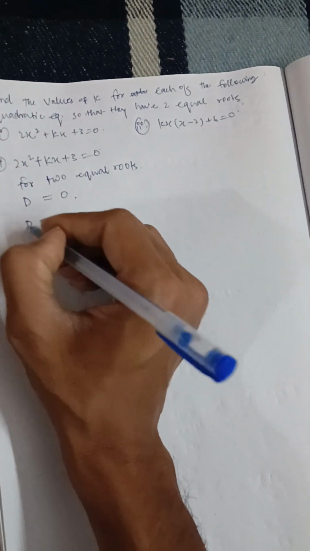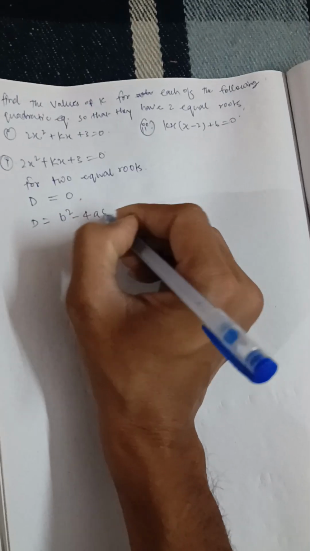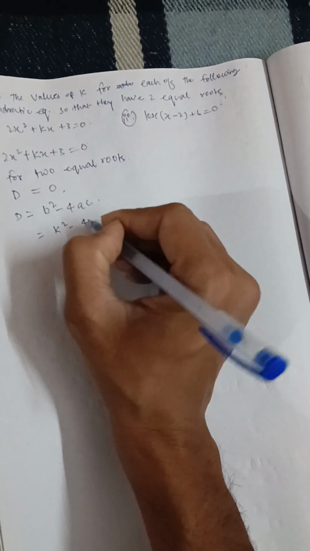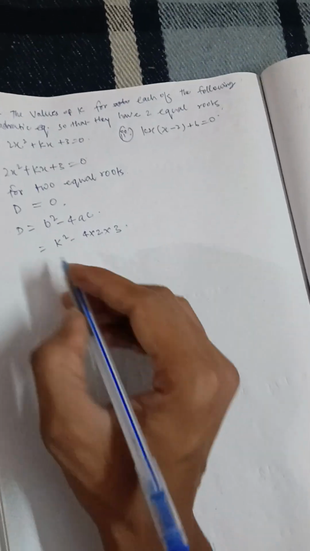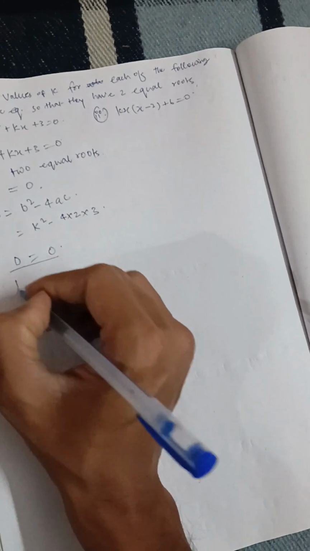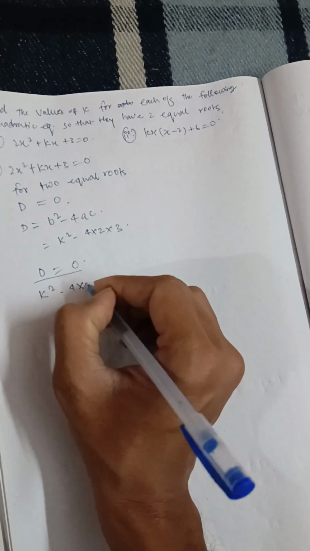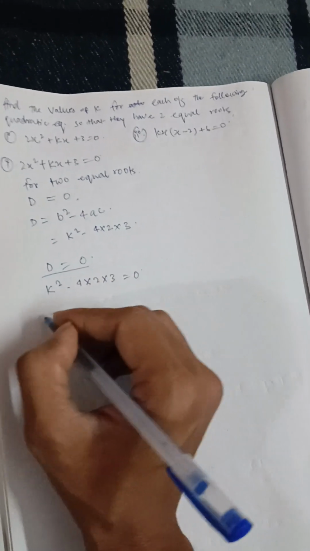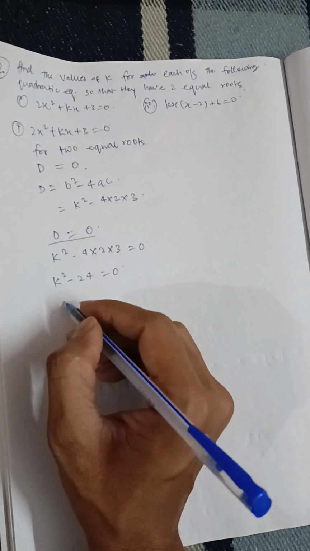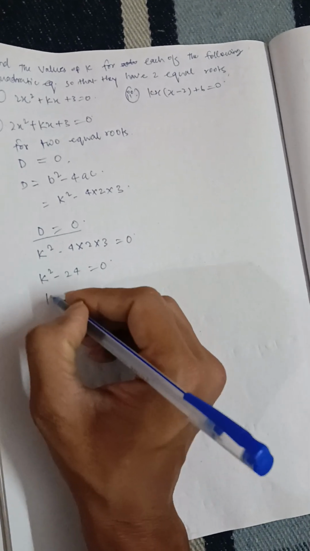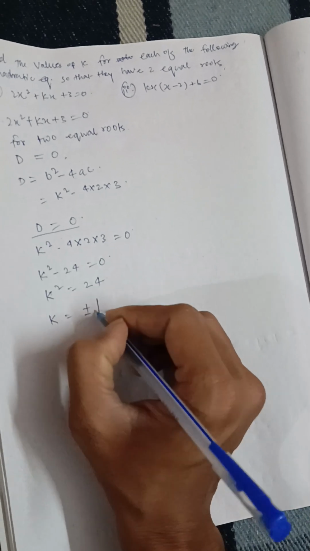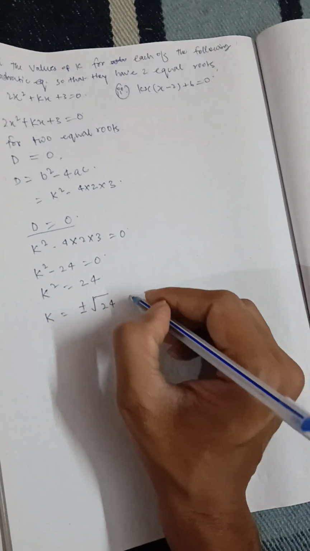Then d equal to b square minus 4ac, that is k square minus 4 into 2 into 3 equal to 0, k square minus 24 equal to 0, k square equal to 24, k equal to plus minus under root 24 is the answer.